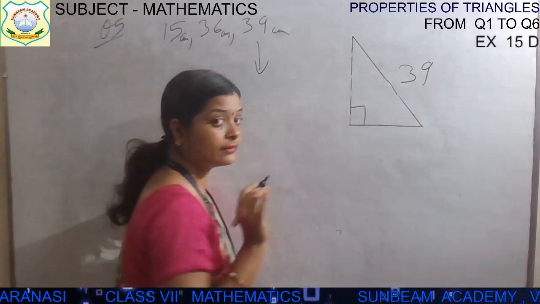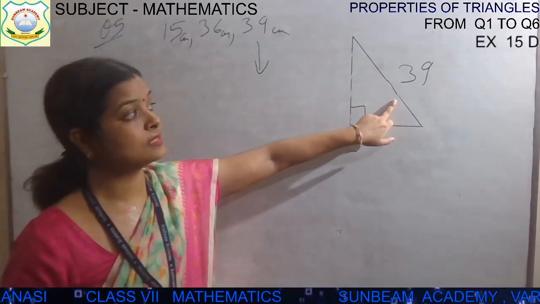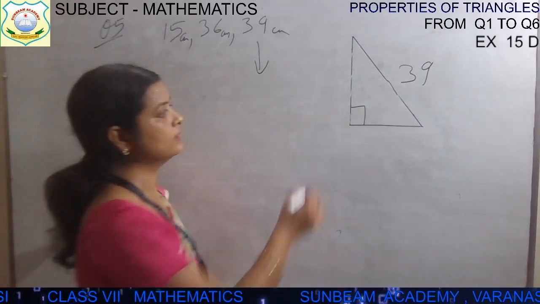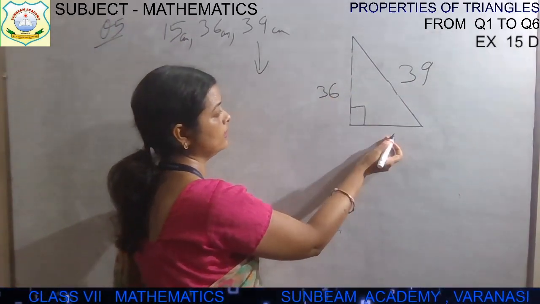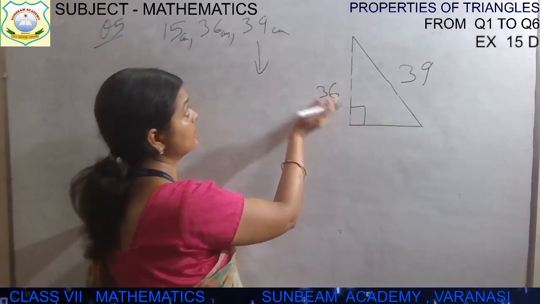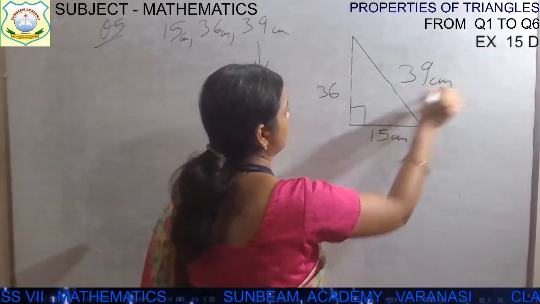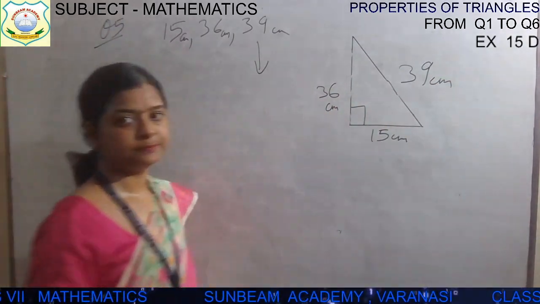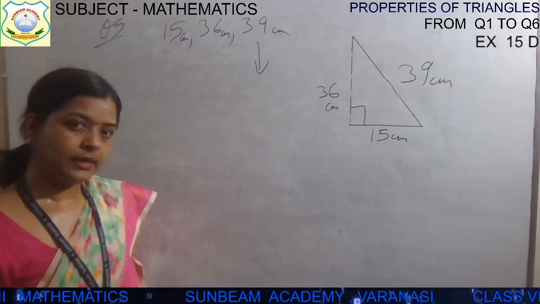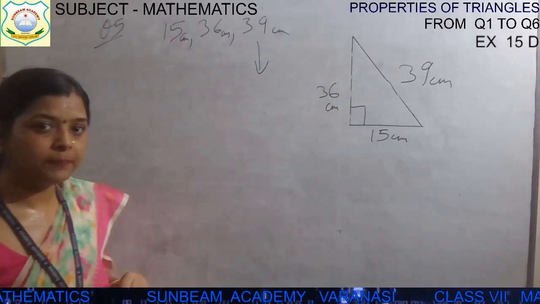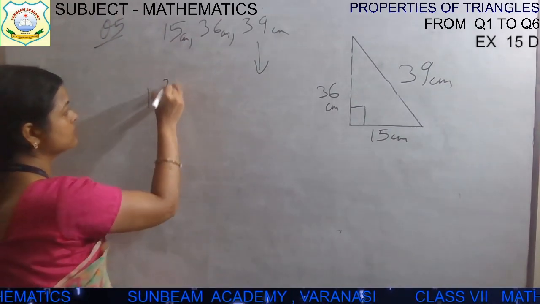अगर ये right angle triangle है तो definitely this side will be 39 and the other two sides may be anyone. Either this will be 36 or this will be, so if this will be 36 centimeter, so the next one will be 15 centimeter. Okay, right. So if it is a right angle triangle, so it will satisfy Pythagoras theorem. क्या है Pythagoras theorem?